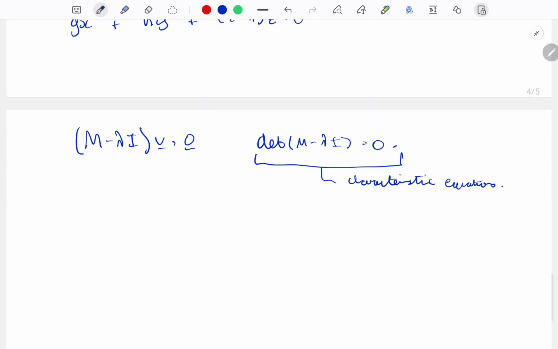Determinant of M minus lambda I is equal to 0, and M minus lambda I v is equal to 0 is the other part which will be very important when working out the eigenvalues and the eigenvectors. Well, mainly the eigenvectors.